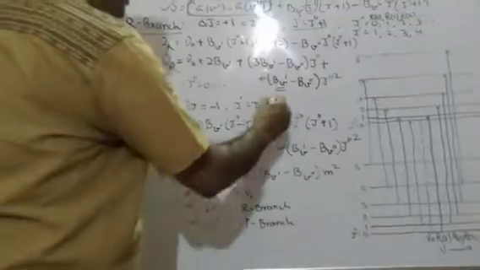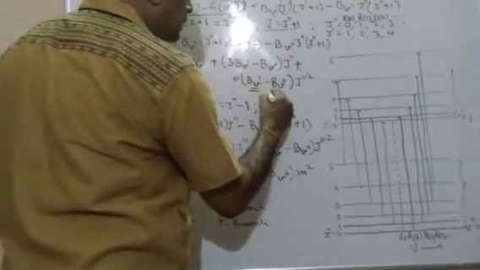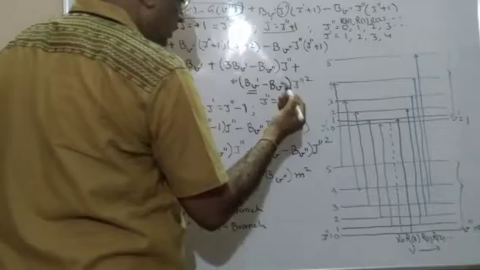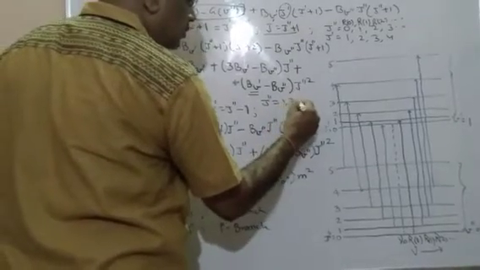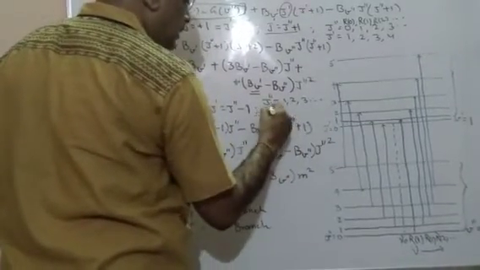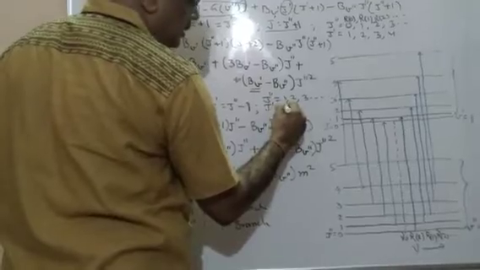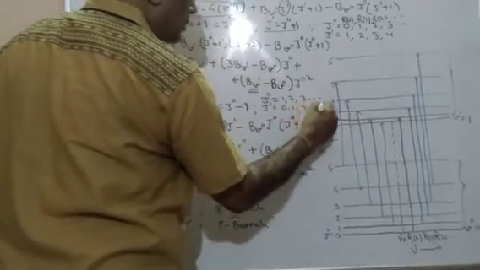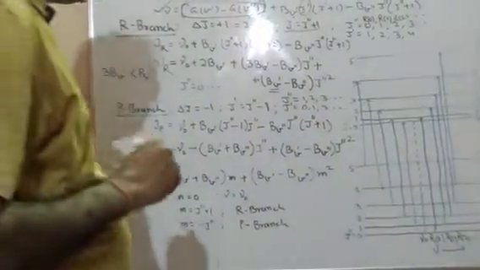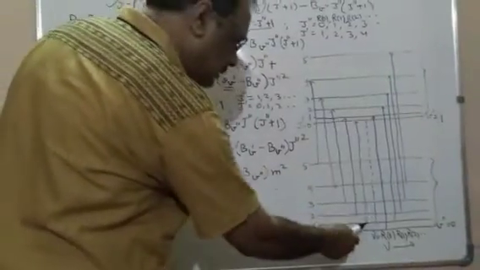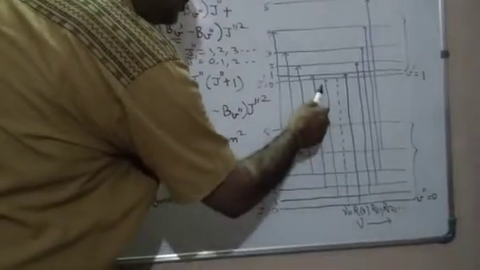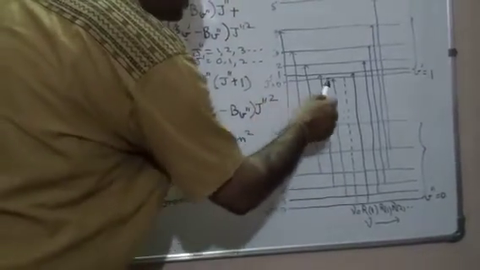Here, what will be the values of J prime? Here the J prime will start from 1, 2, 3 and so on, and J double prime will be 0, 1, 2 and so on. That's why you can see that it starts from 1, not from 0, as in case of R0. So it starts from 1, it goes to 0, J double prime equal to 0.